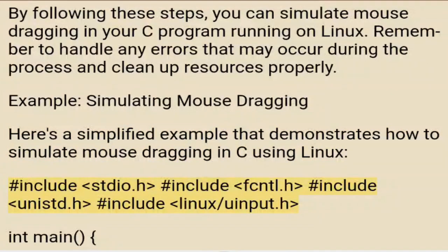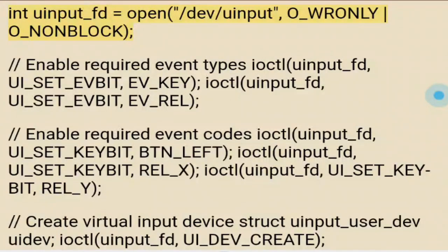#include <stdio.h>, #include <fcntl.h>, #include <unistd.h>, #include <linux/uinput.h>, int main. int uinput_fd = open("/dev/uinput", O_WRONLY | O_NONBLOCK). Enable required event types: ioctl(uinput_fd, UI_SET_EVBIT, EV_KEY); ioctl(uinput_fd, UI_SET_EVBIT, EV_REL).